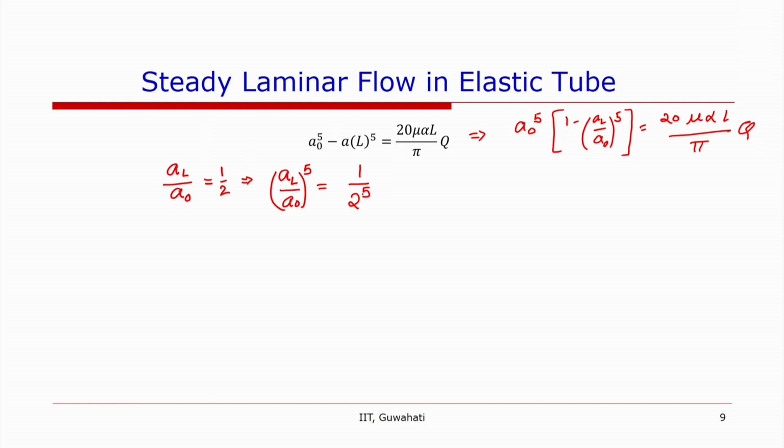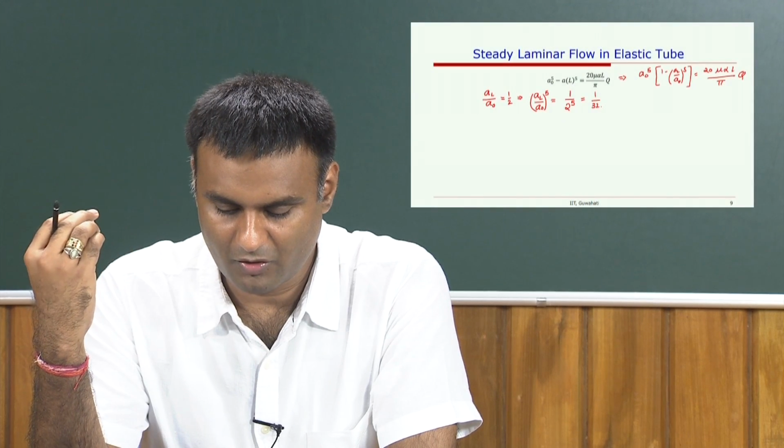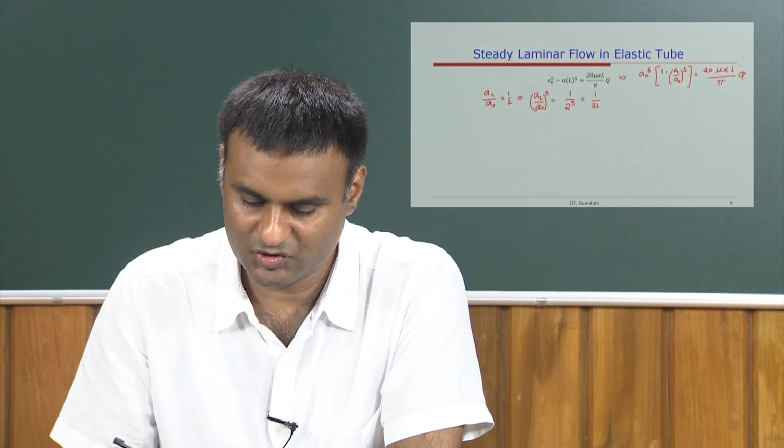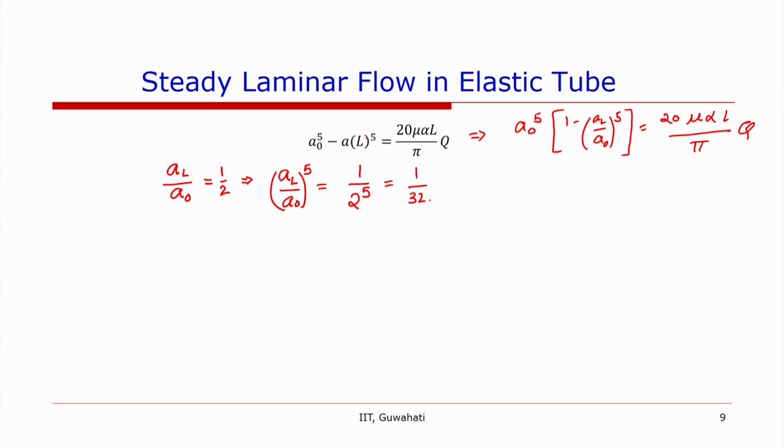So 2 to the power 3 is 8, and that will be about 8 into 4, 32. So only about 1 over 33, so only about 3%. So the radius of the channel will be only 3% of the inlet radius, which can be neglected in those terms.